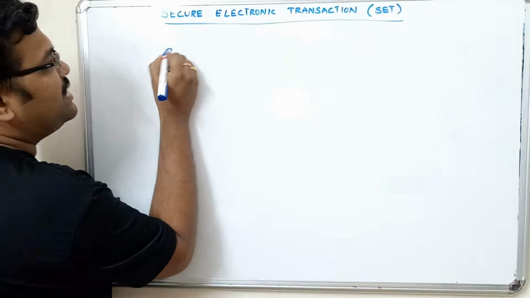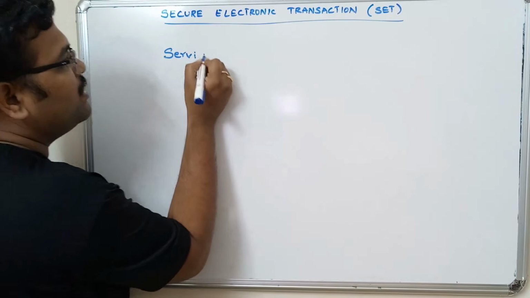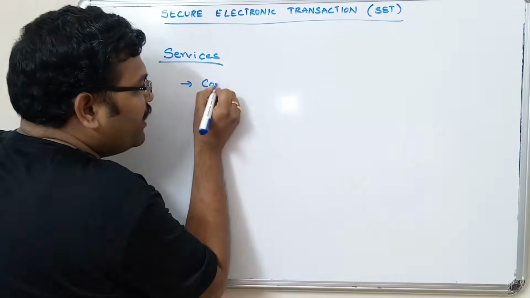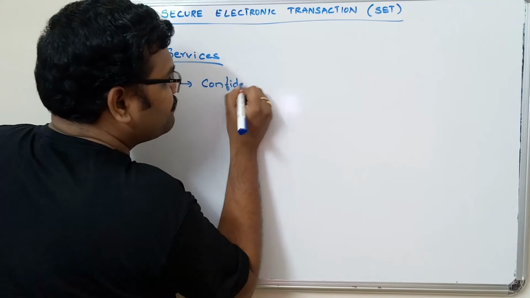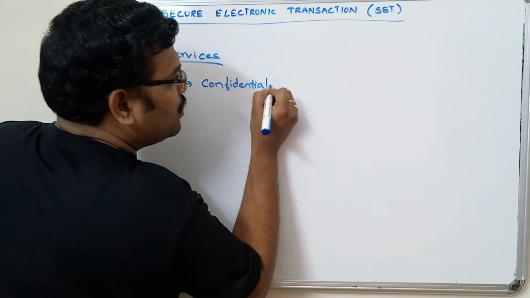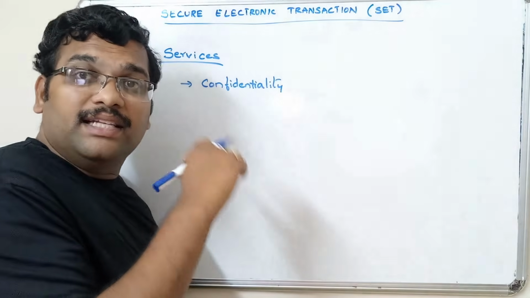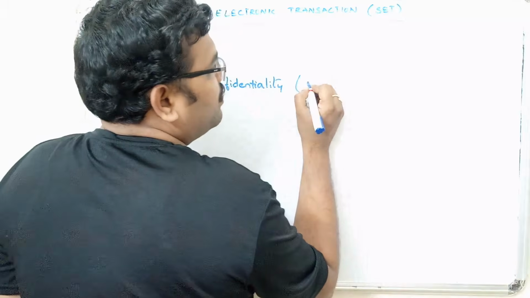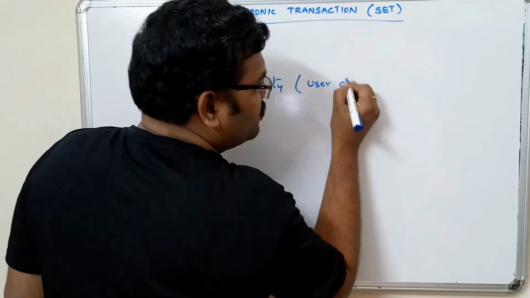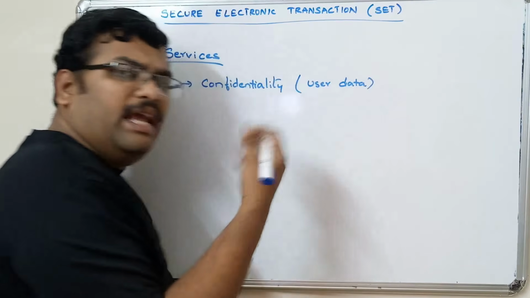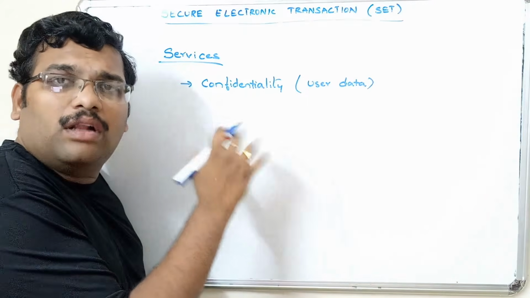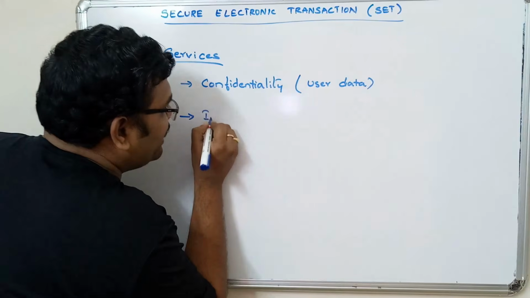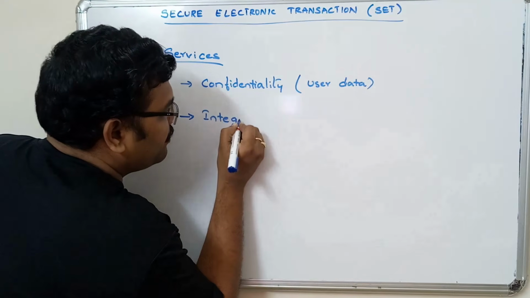Now what are the services? The services of SET, the first one, confidentiality. That means we have to protect the user data, either the personal information or the payment information. The next one, integrity. This is the main thing.